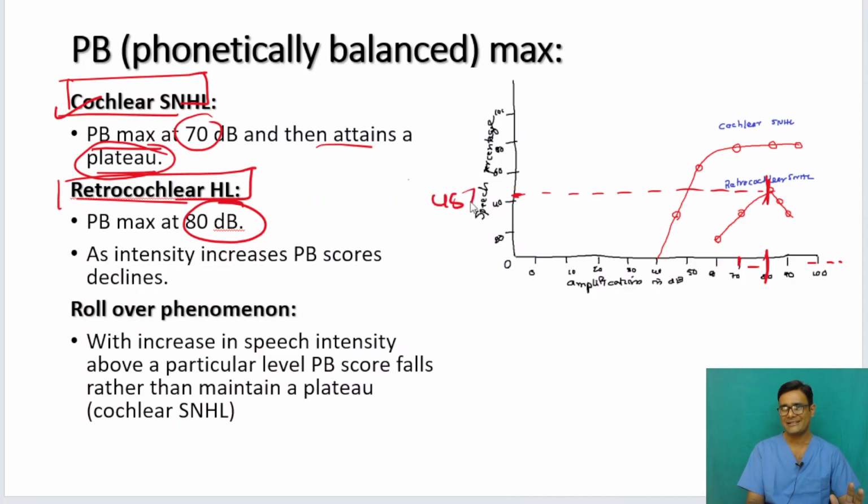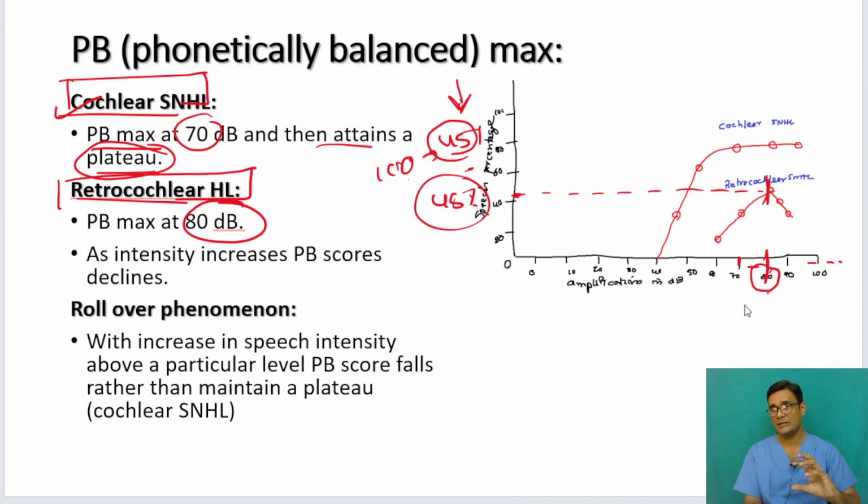Approximately 45%: suppose you're giving 100 words to the patient, the patient is only able to repeat 45 words back to you. So the speech discrimination score is falling rapidly, down to a severe level. And also you have to raise the intensity to 80 decibels.